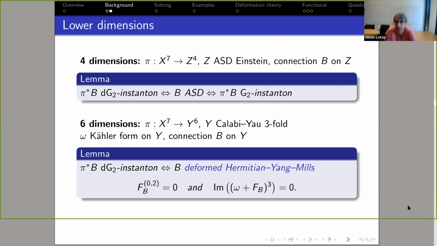These connections have received quite a bit of attention recently, particularly in the work of Collins, Jacob, Yau, and many others. And there's a conjecture that the existence of these deformed Hermitian-Yang-Mills connections on a given bundle should be related to some kind of stability condition. And there has been some recent progress towards understanding this conjecture.